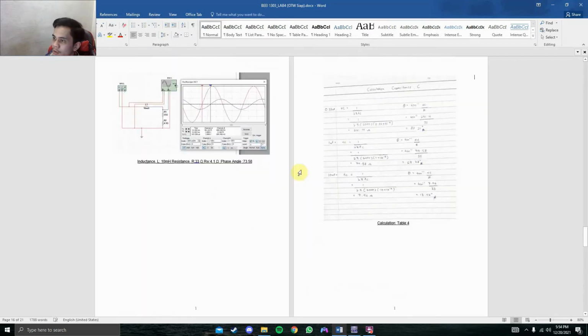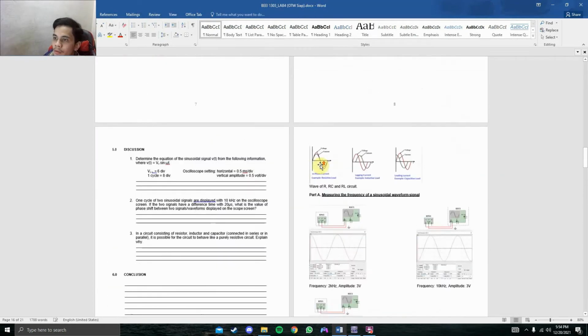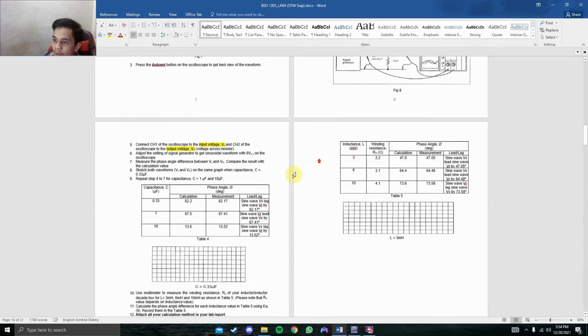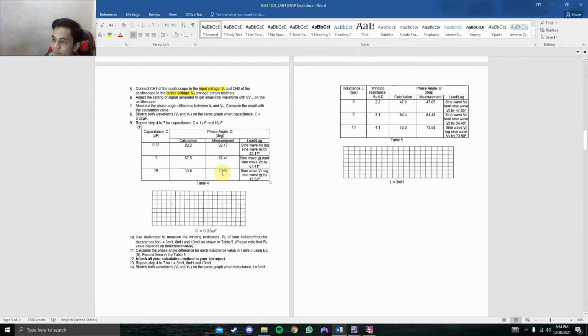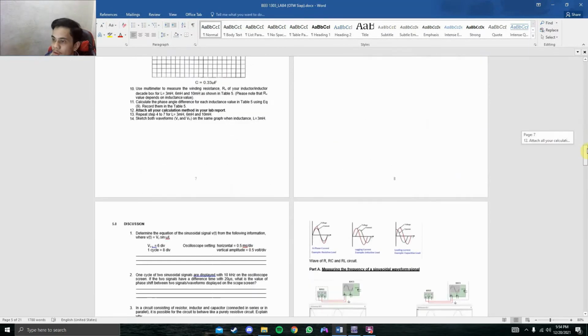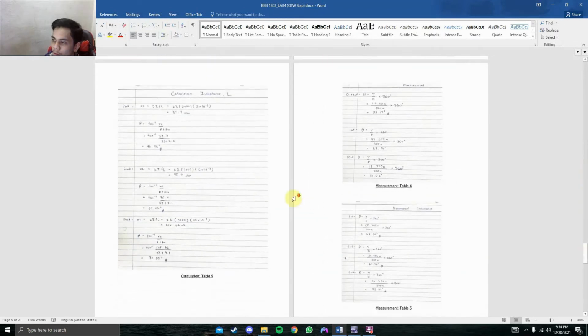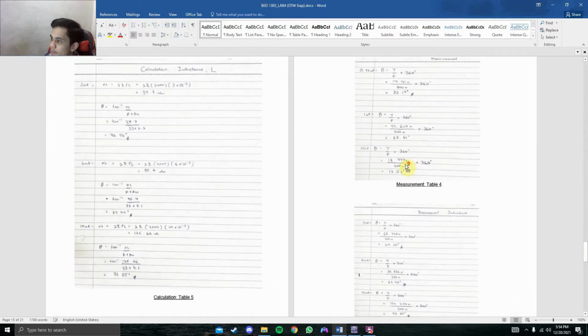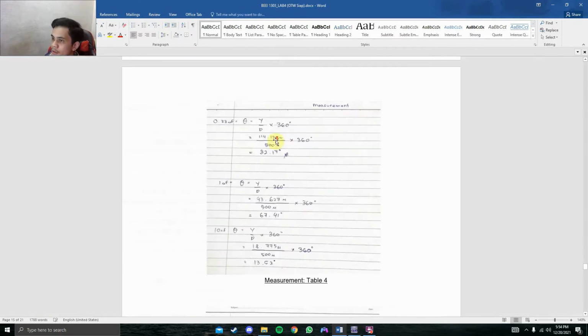So we go back to the table. Then we do the measurement. First, for the measurement, show the measurement calculation first. This is the measurement for 0.33 microfarad.